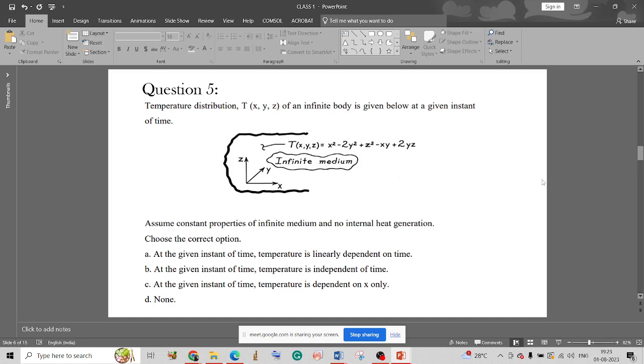Second, at the given instant of time, temperature is independent of time. Third, at the given instant of time, temperature is dependent on x only, or none of the above. I'll give you 2 minutes for this. If anyone wants to answer, you can unmute and answer me. If you have any doubt regarding the question, kindly unmute yourself and ask me.